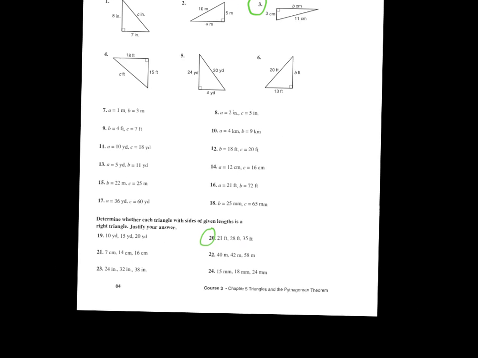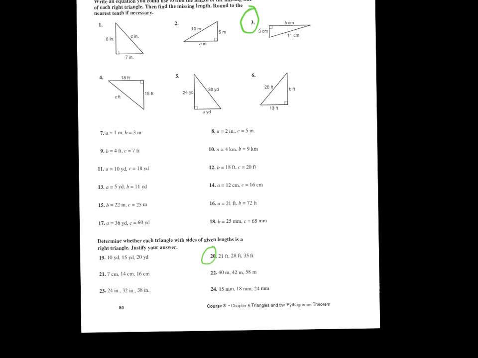You don't need to find the missing lengths. We haven't done that yet. Just identify the legs and the hypotenuse. Once you get done, raise your hand and let me check those, and then you can go back and start the video again.